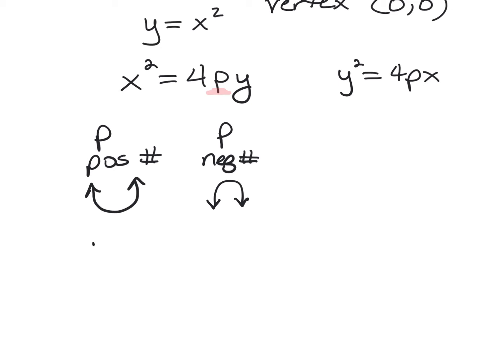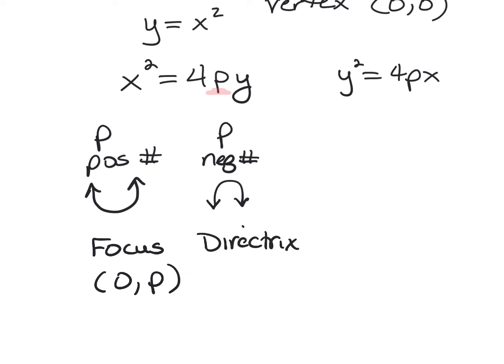And then remember, for the focus point, when it's the x squared, after we find p, it's 0, comma p. For the directrix, it's going to be y equals the opposite of p.